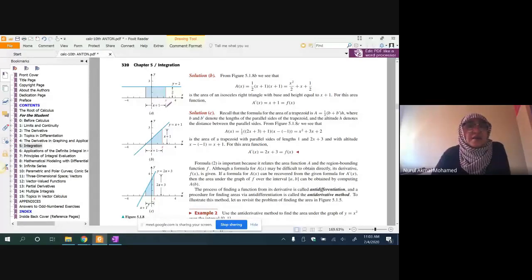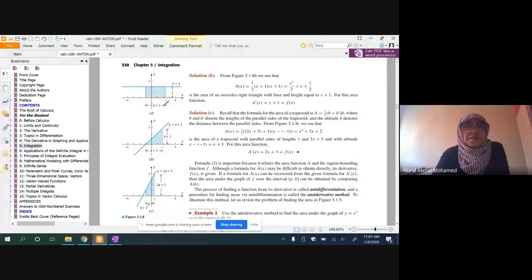So the area for this region here will be the area of the rectangle. So the formula for the rectangle will be what? It will be the base multiplied with the height, right? So x plus 1 here, you multiply with the height.